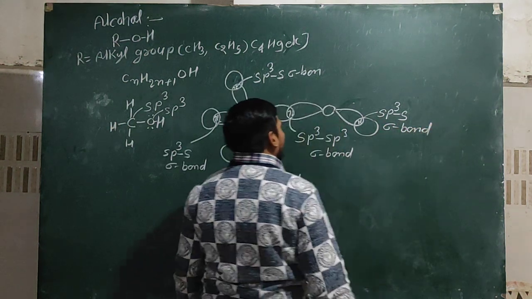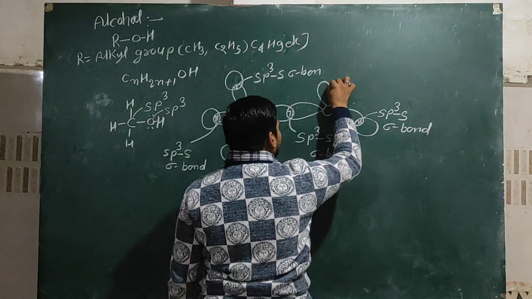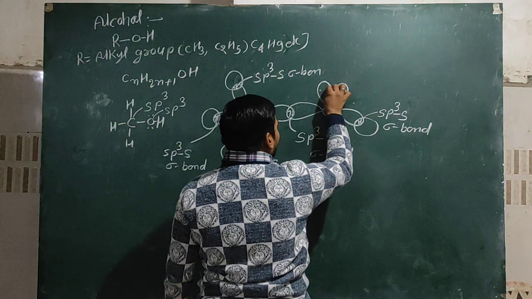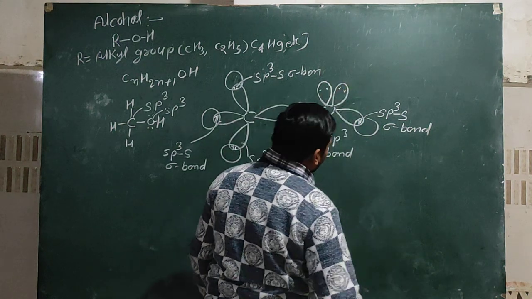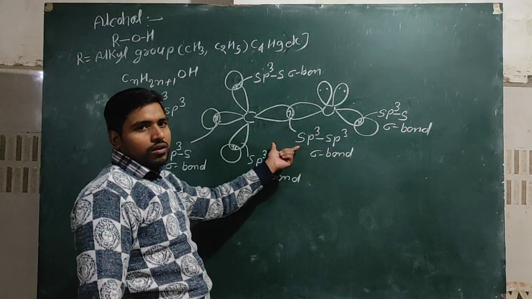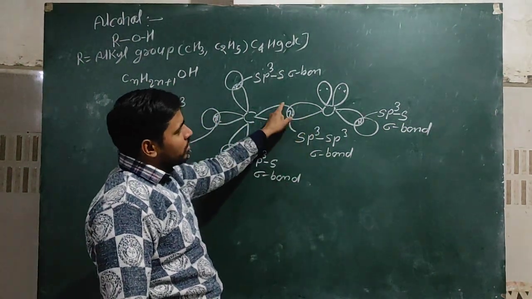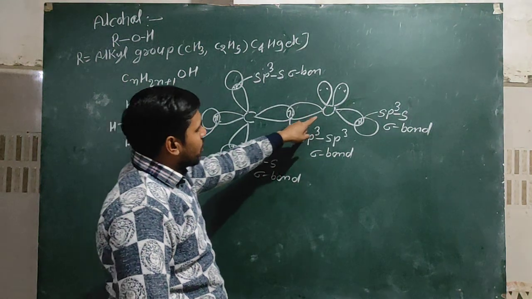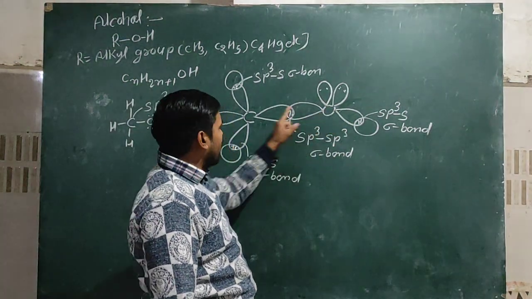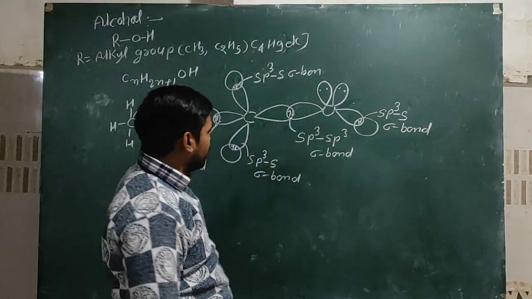And except this, oxygen also contains 2 lone pairs of electrons. Due to this lone pair of electrons, the bond angle and the bond lengths of the hydrogen-oxygen and carbon-oxygen bonds are different.